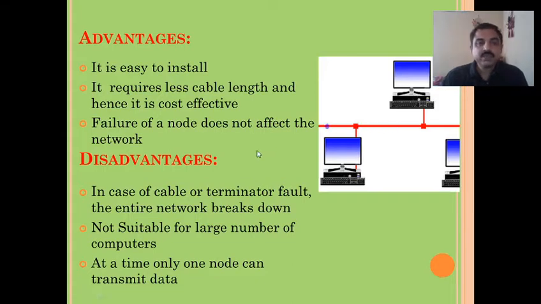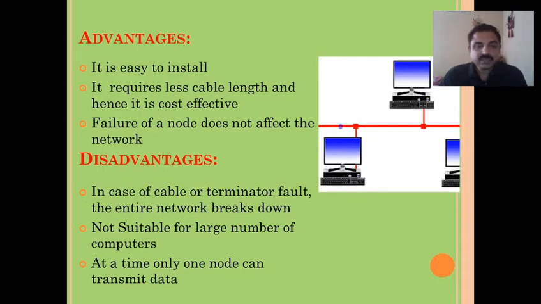So what are its disadvantages? In case of cable or terminator fault, the entire network breaks down. The main disadvantage is the main cable. If it has a problem, then the whole network will fail. Similarly, if the terminator at the end is at fault, the entire network breaks down.